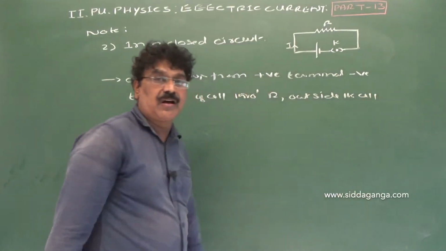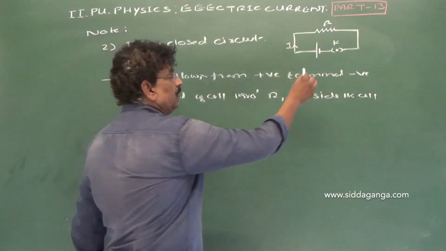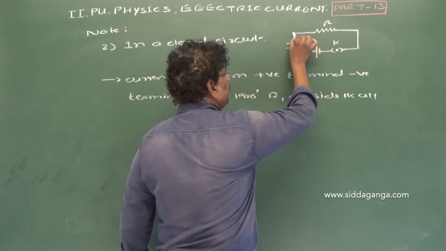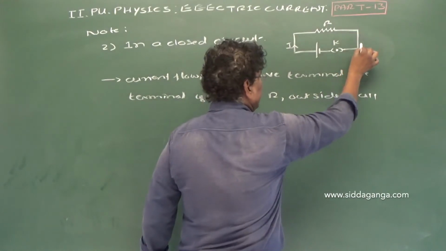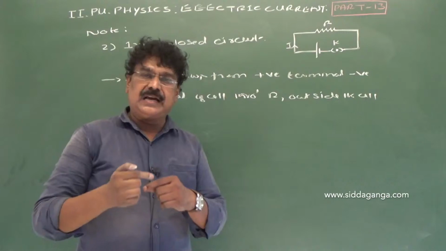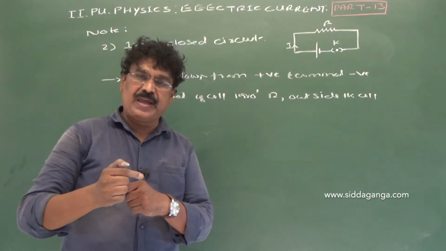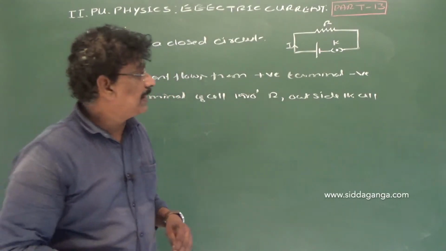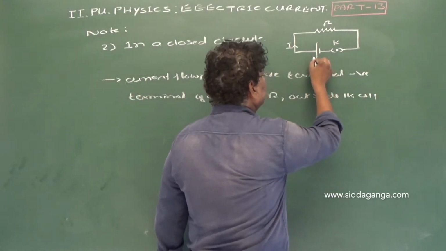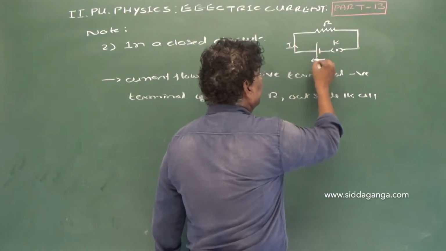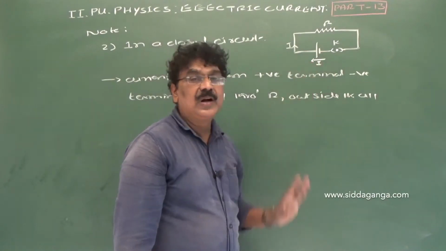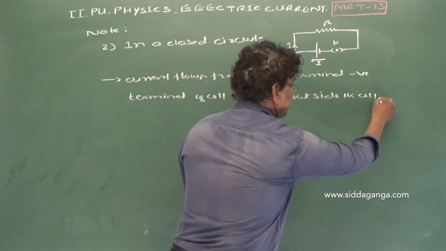This is the direction of conventional current. So you see that the current flows from positive terminal to negative terminal through external resistance. This is the direction of current flowing outside the cell. But inside the cell, the current is flowing from negative terminal to positive terminal of the cell.